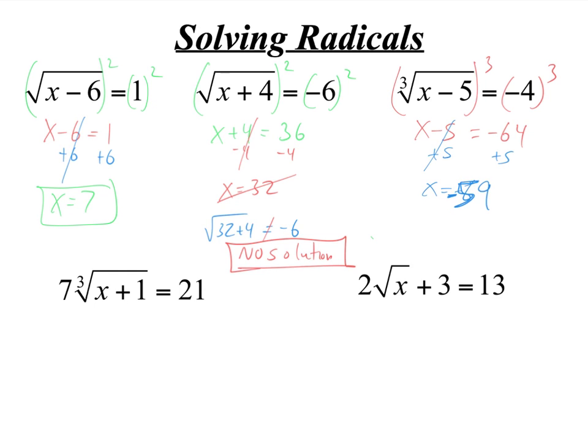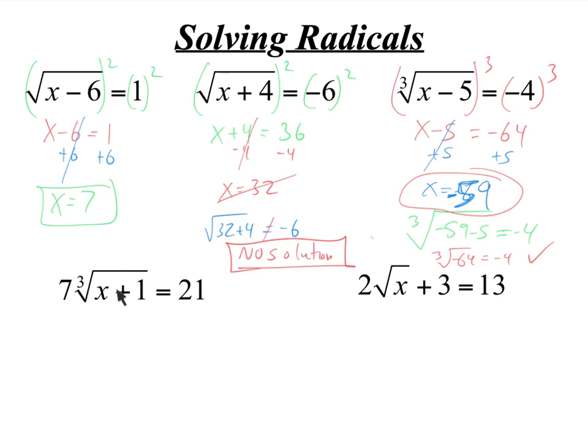Now, some of you might have thought, well, negative, it's not working. No, on a cube root, you can have negatives. So you have to kind of watch out for this one. This one, you could have known from the beginning, you can't square root and get a negative, so you could have jumped ahead without doing any of this. But for this one, you have to keep going because it's possible. Watch it work out. If I do the cube root of negative 59 minus 4, does that equal negative 4? Does the cube root of negative 64 equal negative 4? Why, yes it does. So that works.